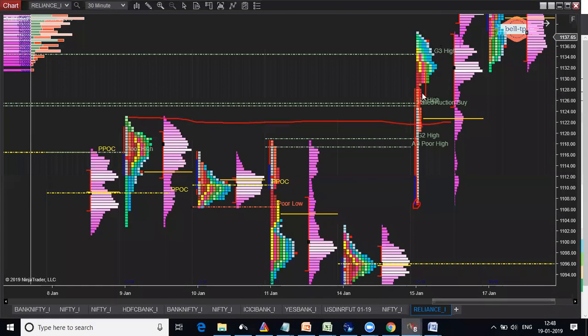That particular day, it can stay there. Not necessarily it has to clear, and most likely there are higher odds that the remainder of the day is going to be balancing on the higher side, which could end up in a P-shaped profile, which is a sign of a positional long. Maybe it is not an intraday long. You may not get some bigger intraday opportunity, but that is a positional sign.